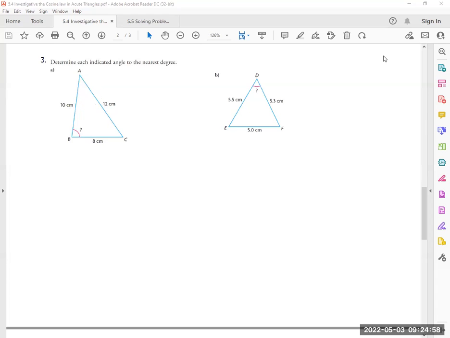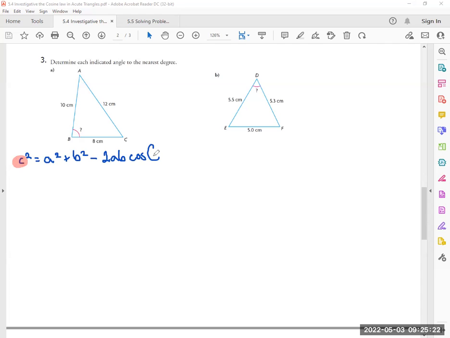So write this up. We have, remember, c squared is equal to a squared plus b squared minus 2ab cosine c. But please don't be fixated on the c as this c and this a as that a. That's not true. You have to be flexible.